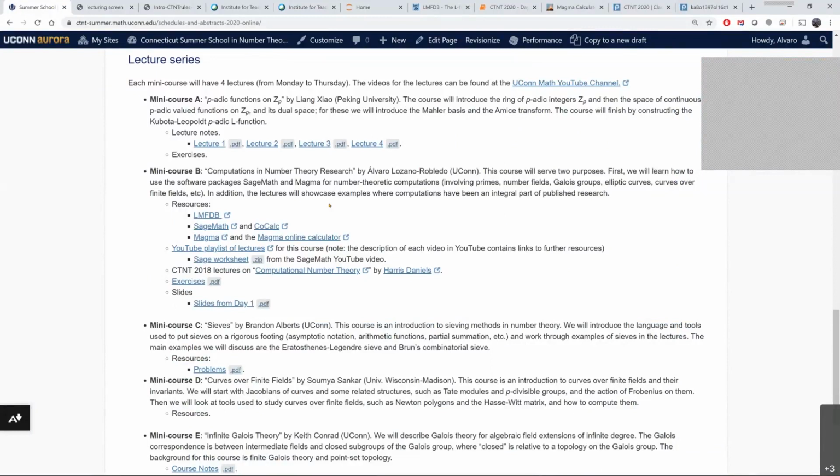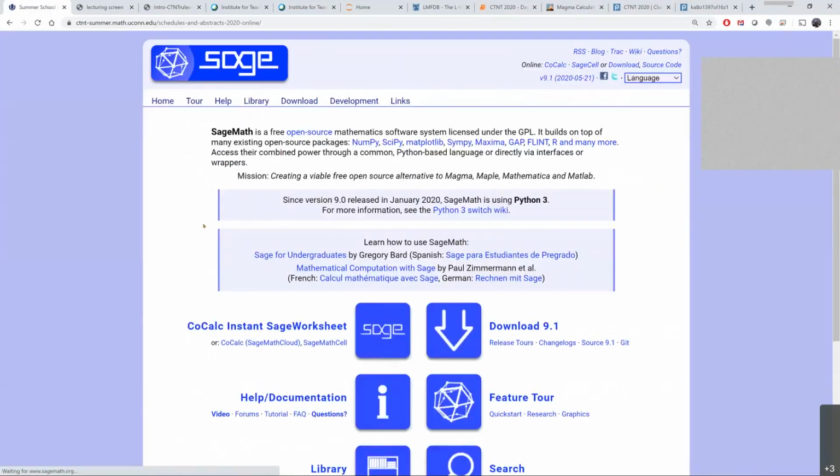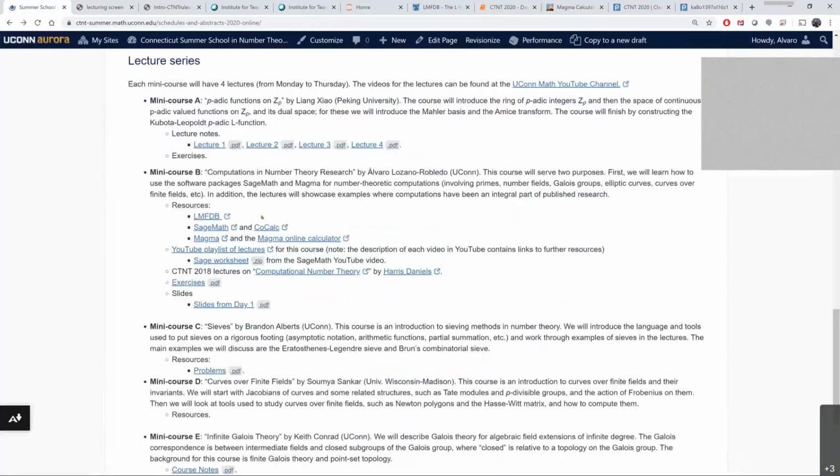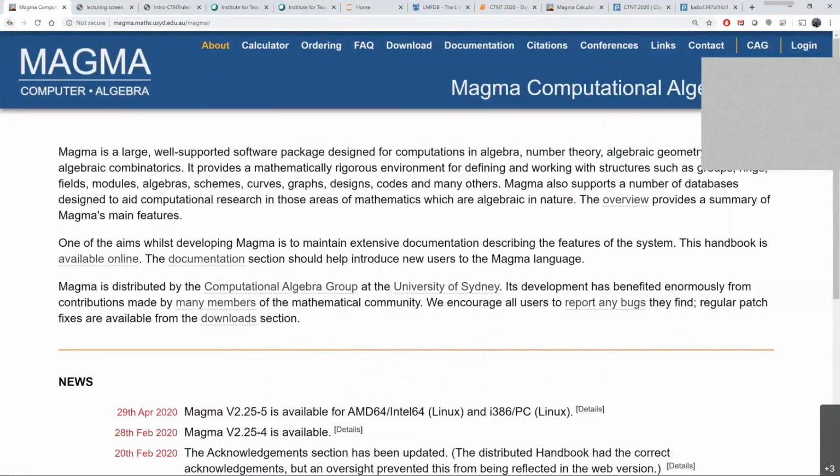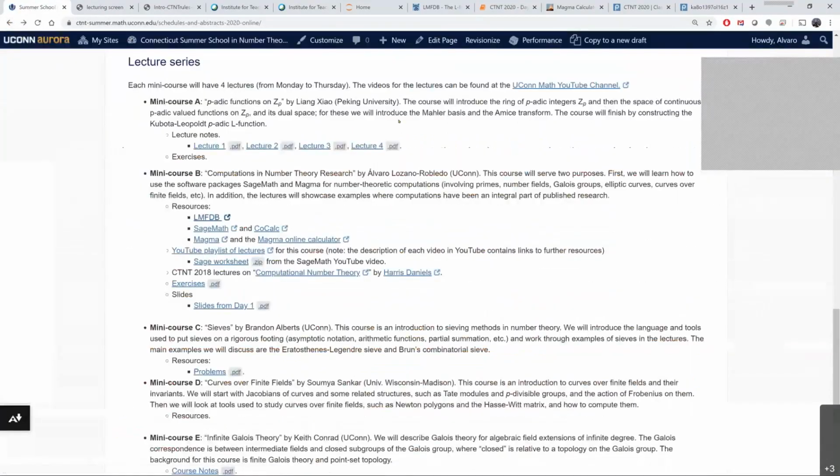And then we're going to use two programs that are calculators that help in number theory research. One of them is SageMath. So let me go to SageMath here. And the other one would be Magma, which is here. For Sage, I have it installed on my computer. You can use CoCalc, which is an online calculator.